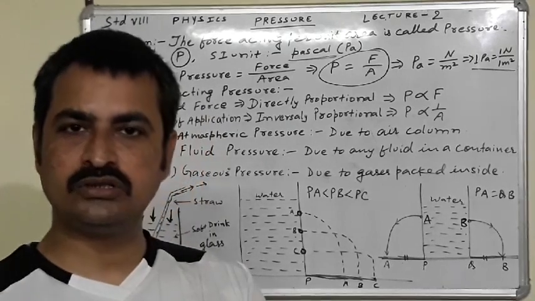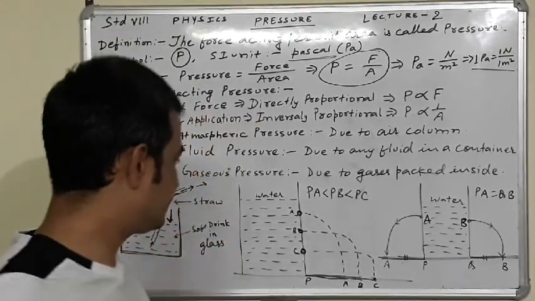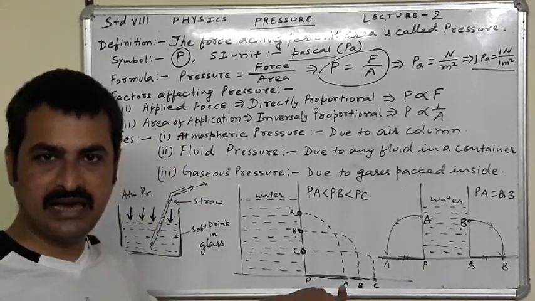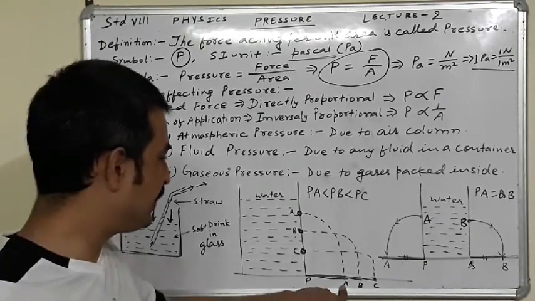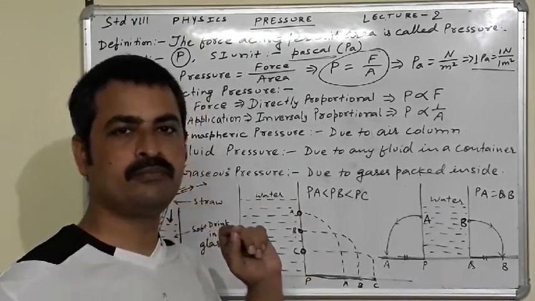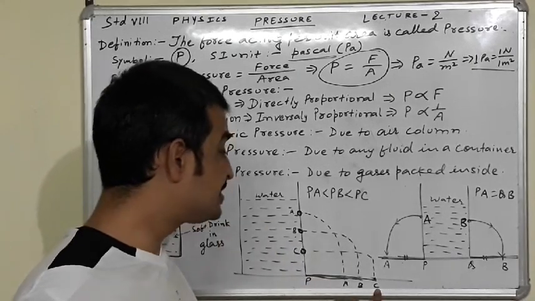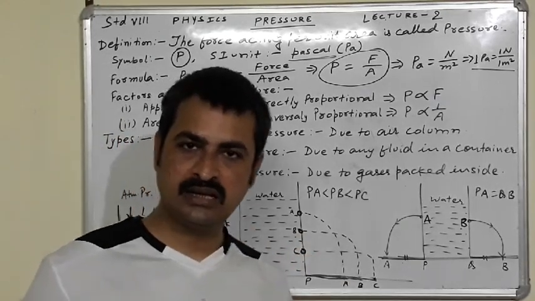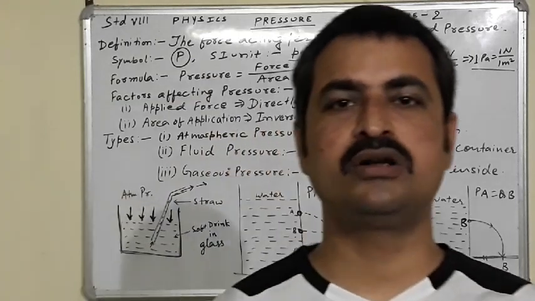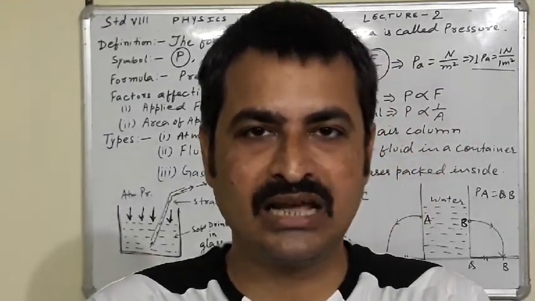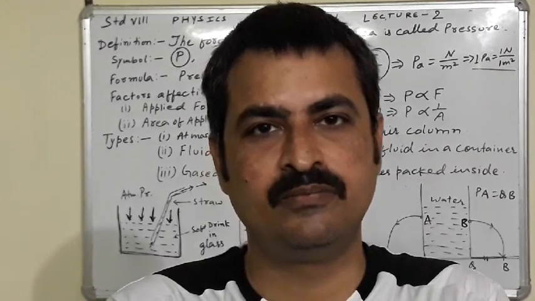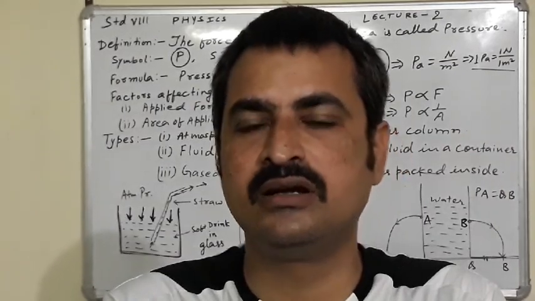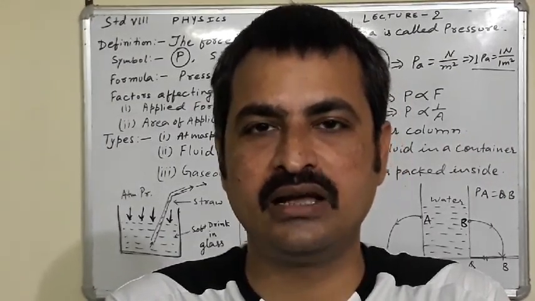At the nearby place A, the liquid falls from the top. At the far point C, the liquid falls from the bottom point. It means as we move from top to bottom, the liquid pressure increases. Near the base, we have maximum pressure. At the top, we have minimum pressure.